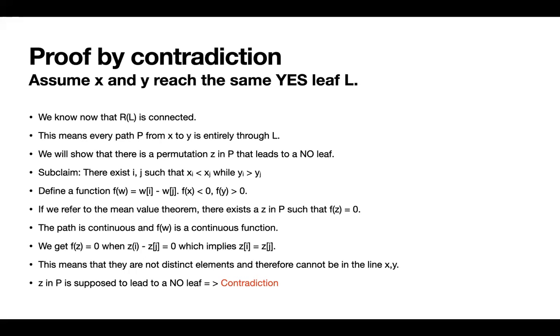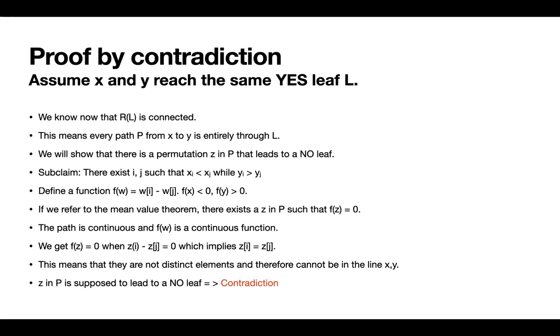So if we define a function f of w, where we have wi minus wj, what we'll see is that f of x will end up being less than 0, and f of y will end up being greater than 0. So if we refer to the mean value theorem, we know there exists a z in P such that f of z equals 0.